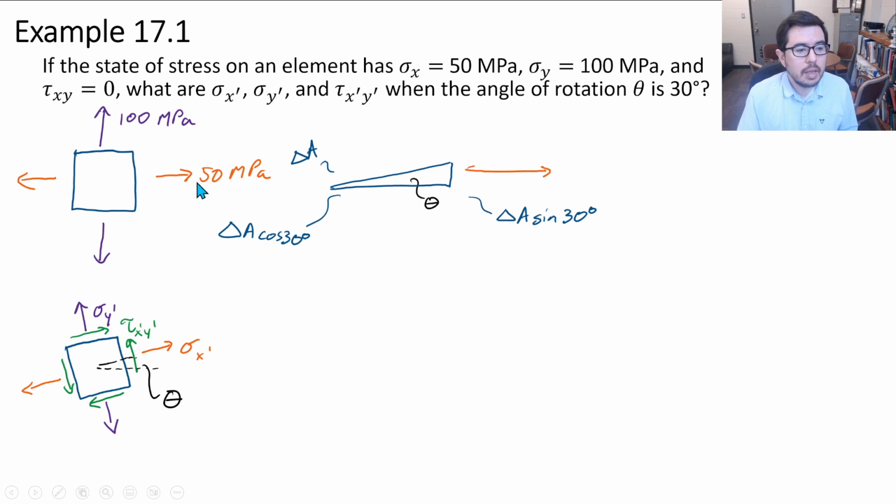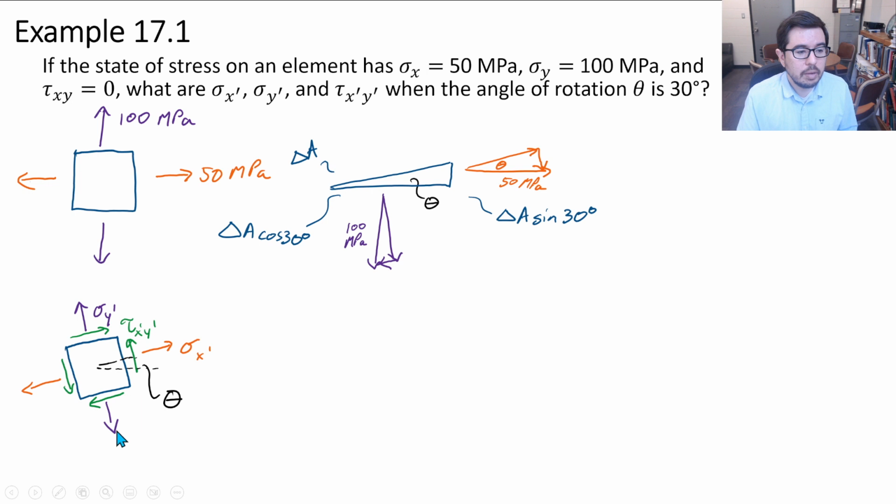We can take our stress that's horizontal and break it into its two components. So this is sigma x now being broken down into components that will be parallel to this tau x prime y prime, and also the sigma y prime, or the y prime direction.